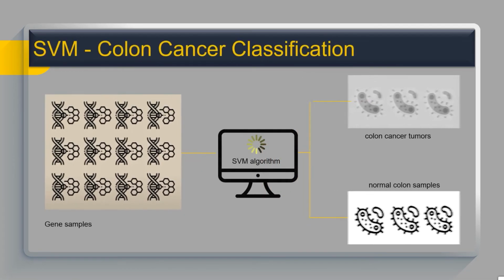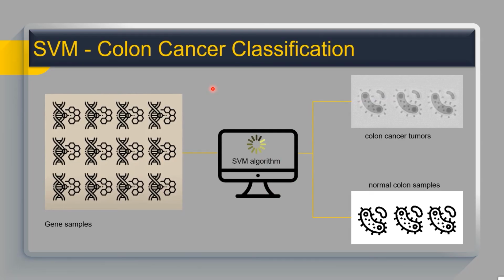Now, this sample, which was input into the SVM classifier, had both colon cancer tissue samples and normal colon tissue samples. The main objective of this study was to classify gene samples based on whether they are cancerous or not. So, SVM was trained using the 50 to 200 samples in order to discriminate between non-tumor and tumor specimens. The performance of the SVM classifier was very accurate even for a small data set.